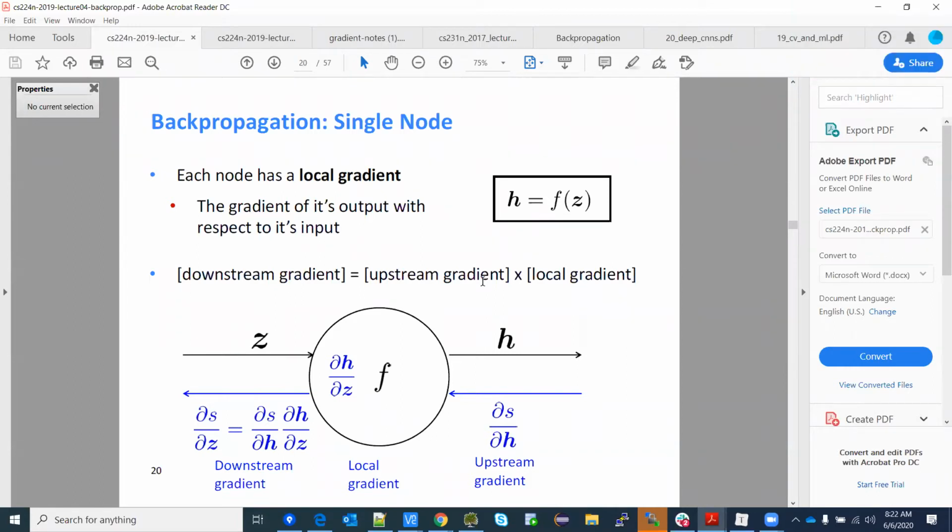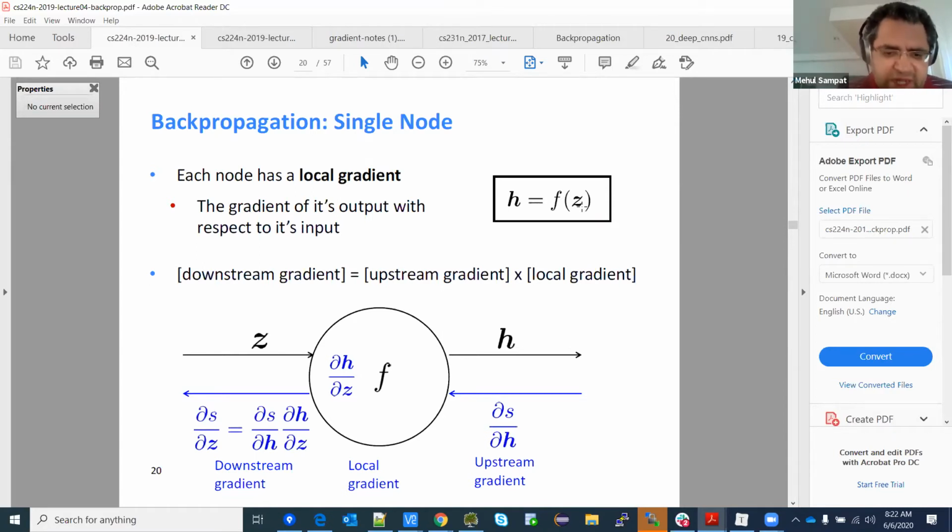So what would be the local gradient? I understand the gradient is kind of like changing the parameters, tweaking the weights, but what's the local versus the other gradient? Sure. The general idea is H is a function of Z, right? So if I increase Z, what happens to H?